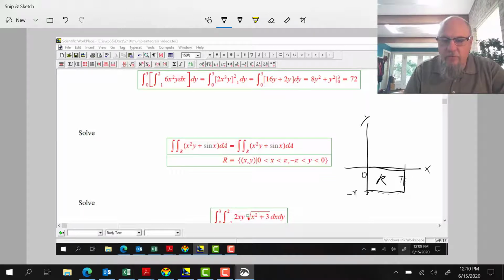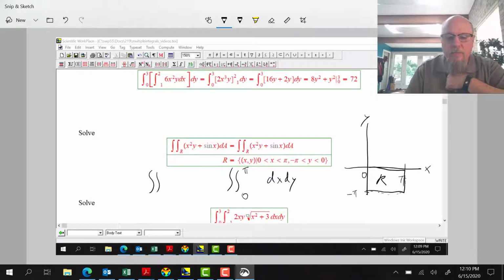So I have two choices here. I could pick dx dy, in which case the x's go from 0 to pi, or I could pick dy dx, and the y's go from minus pi to 0, and then the x's go from 0 to pi.